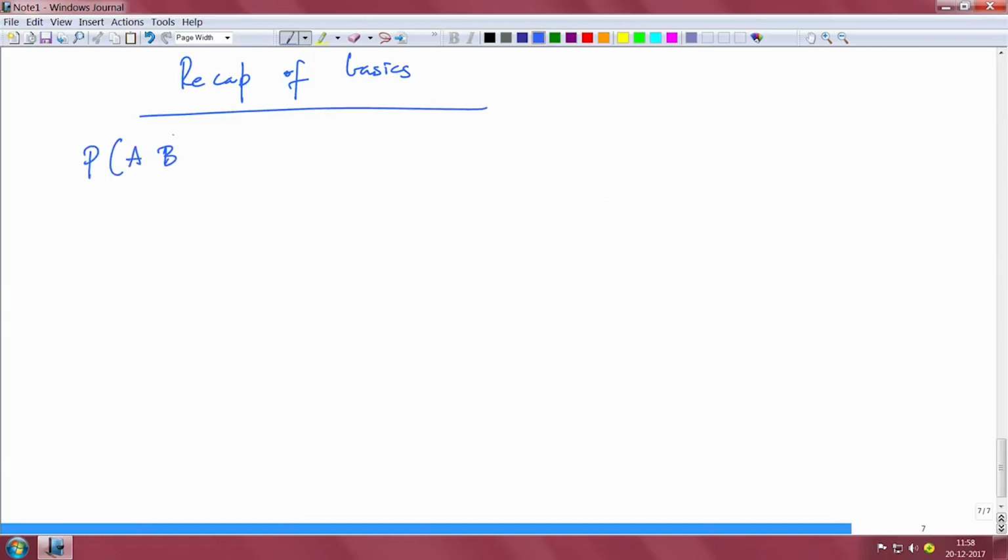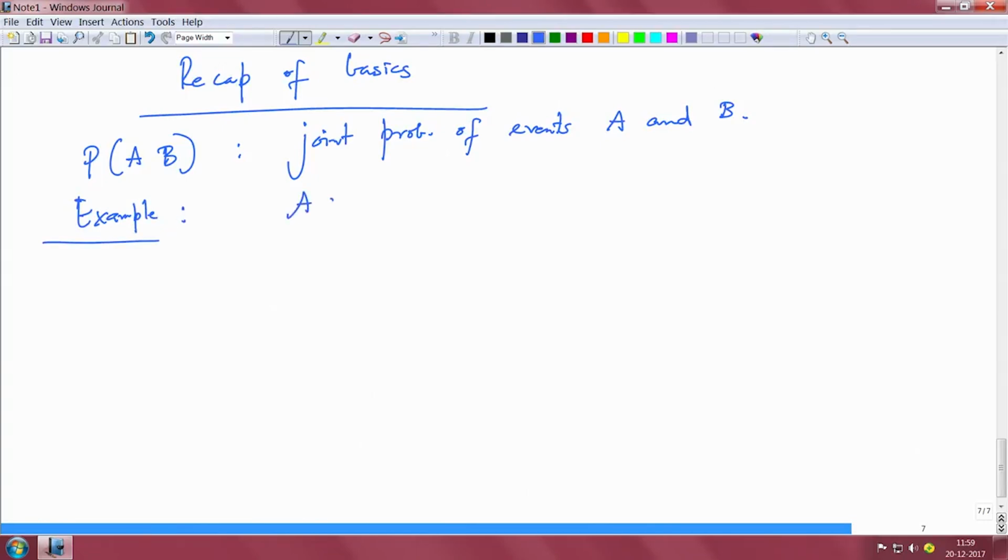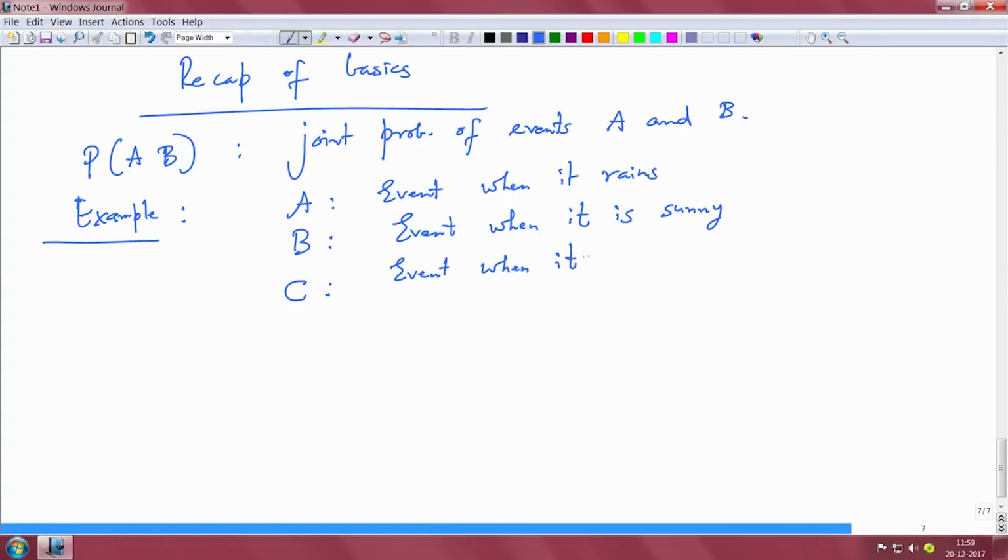Probability of the joint occurrence of two events A and B is given by probability of A and B. You have to read this as probability of A and B. This is basically the joint probability of events A and B. So, an example is A is an event when it rains, B is an event when it is sunny, C could be a joint event when it rains and is sunny.